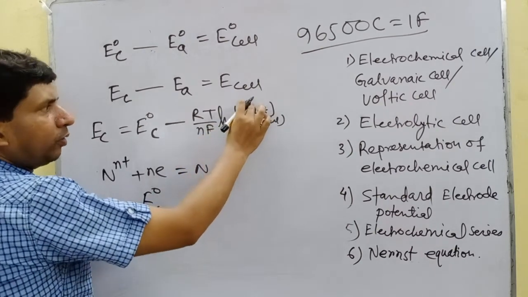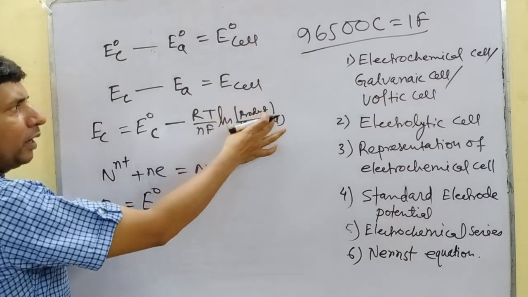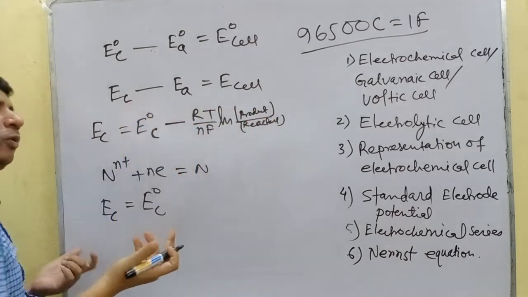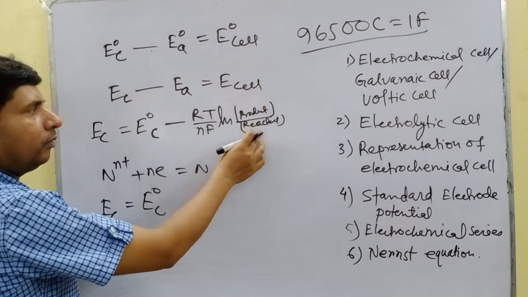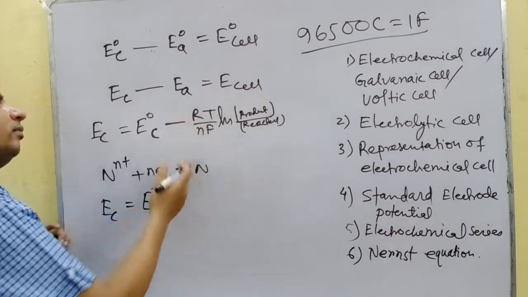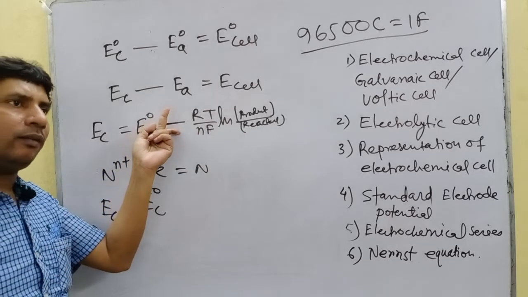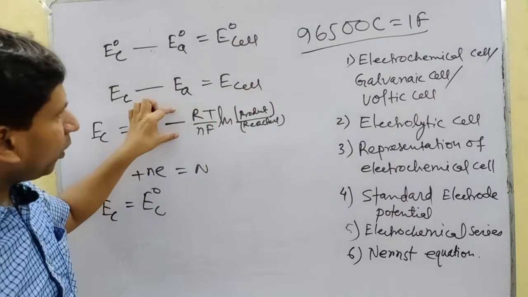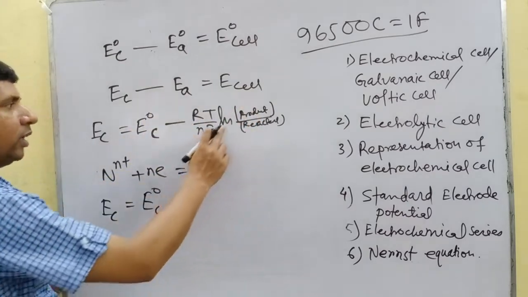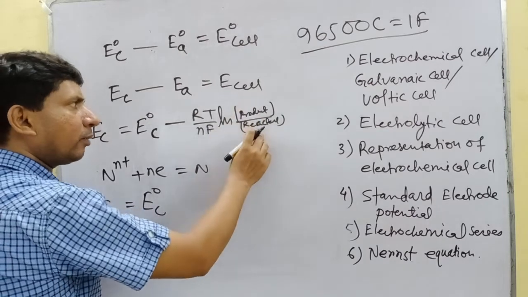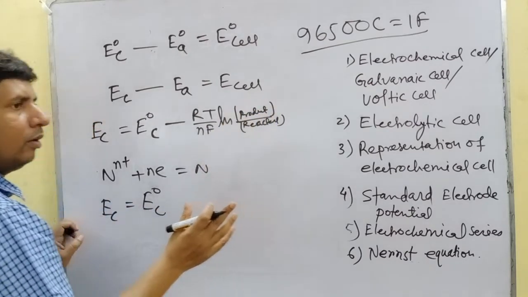Now প্রোডাক্টের কনসেন্ট্রেশন যদি আমাদের কম হয় রিঅ্যাক্ট্যান্টের থেকে, তাহলে এই ভ্যালুটা নেগেটিভ আসবে, তাহলে নেগেটিভ পজিটিভ হতেই পারে। আবার যদি এইটা বেশি থাকে এটার থেকে, তাহলে এটা নেগেটিভ থাকবে। তার মানে এইটা নেগেটিভ নেই বা পজিটিভ নেই, ডাজ নট ম্যাটার। This positive and negative is determined by this log, that means ln product by reactant, it may be positive or may be negative. Okay, no problem.